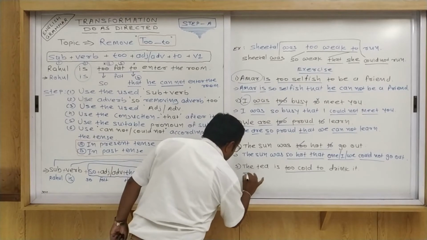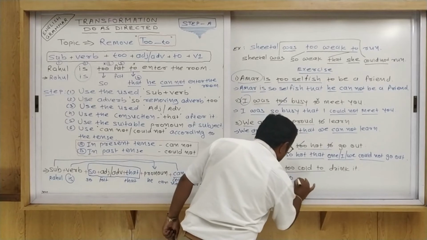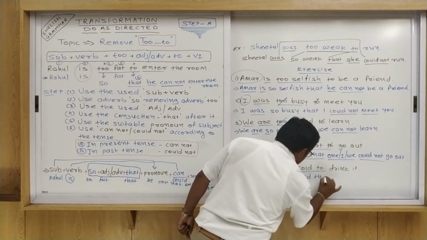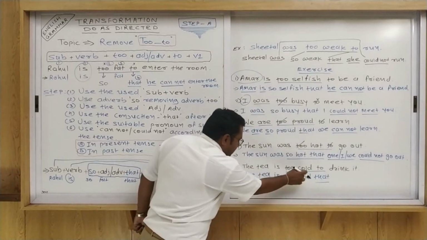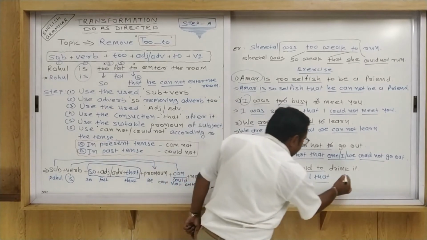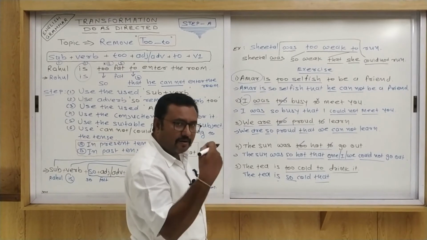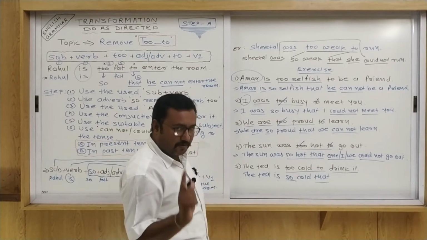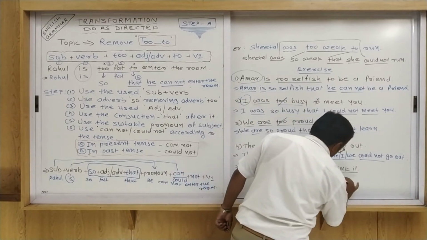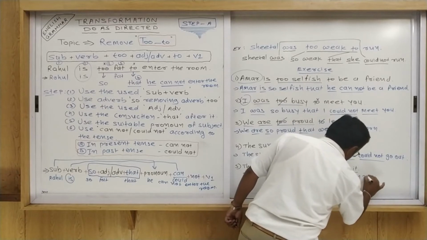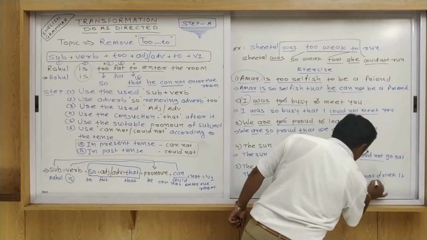So the tea is so cold that... The adjective cold is used for the tea. Now, drink, by whom? One, I or we. We can use only one pronoun. So I use here: tea is so cold that one cannot drink it.